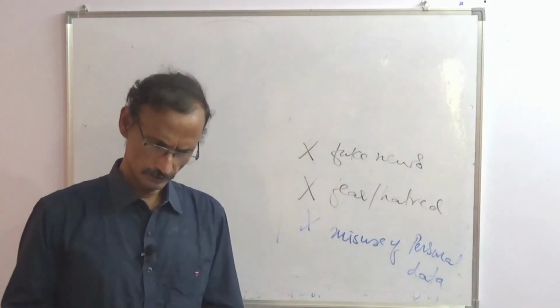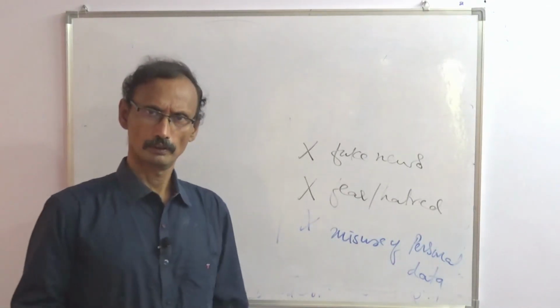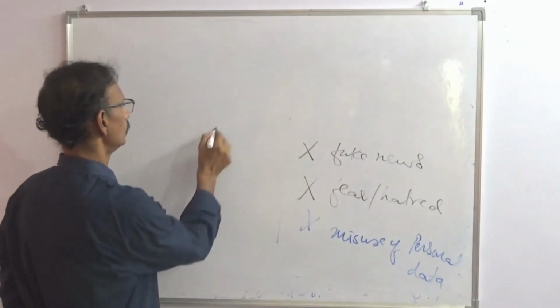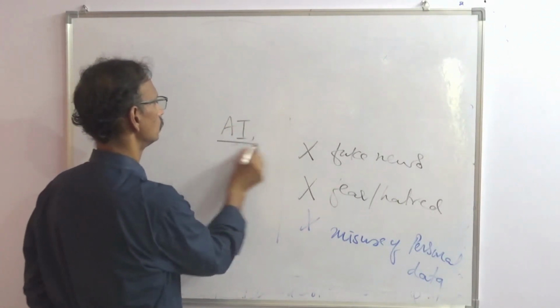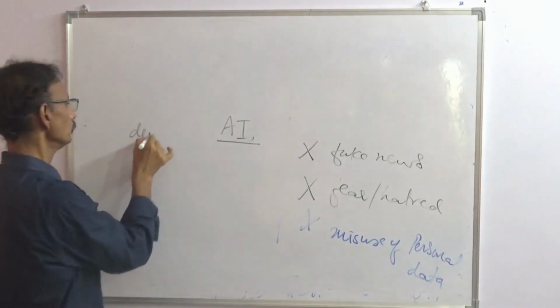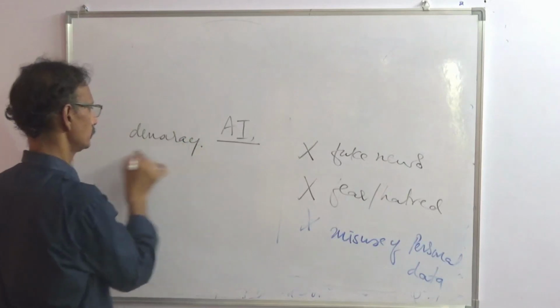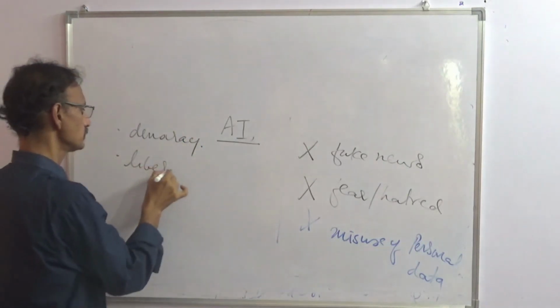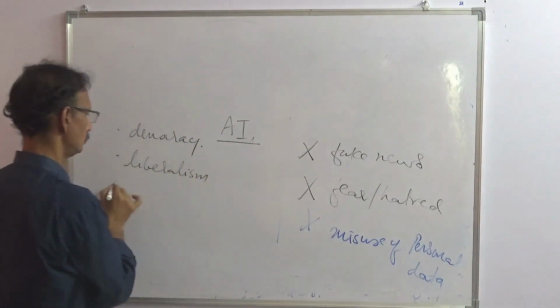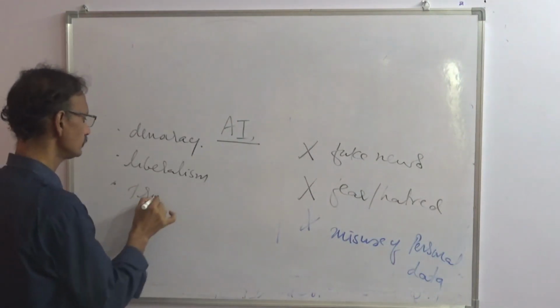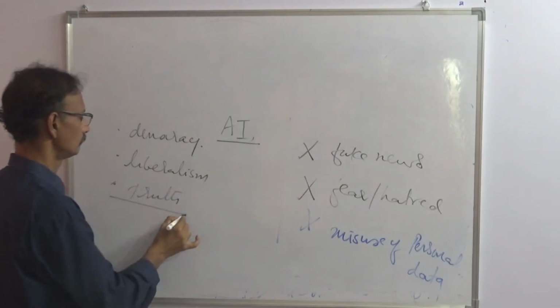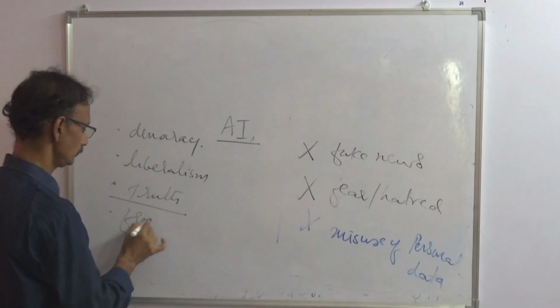But then some people are arguing that because of AI, democracy is under threat, liberalism is under threat, truth itself is under threat, free will is under threat.